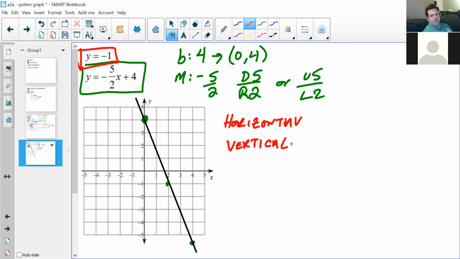Our horizontal lines, we know, usually ran like this. They were flat, and our vertical lines went up and down just like that. And we're taking a look at y is equal to -1, and that's kind of a big deal. It might actually help us with graphing it. That's the only information we have for that equation.